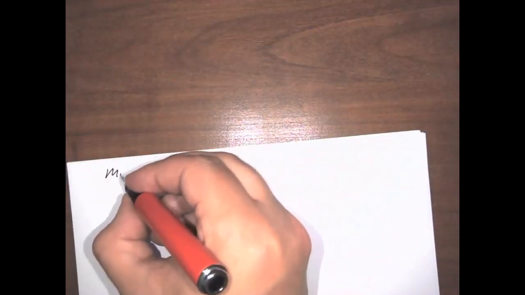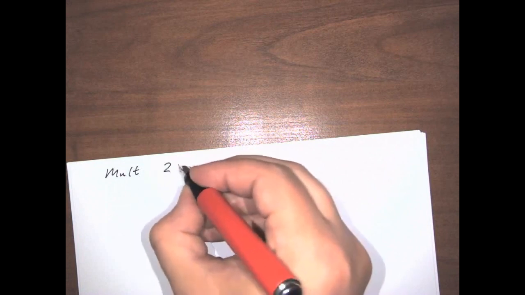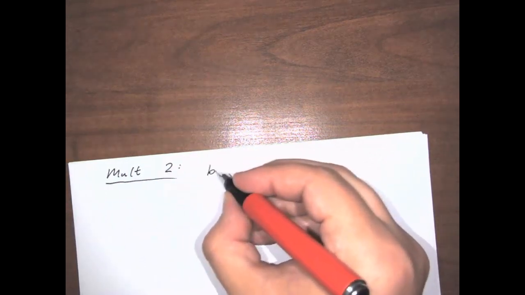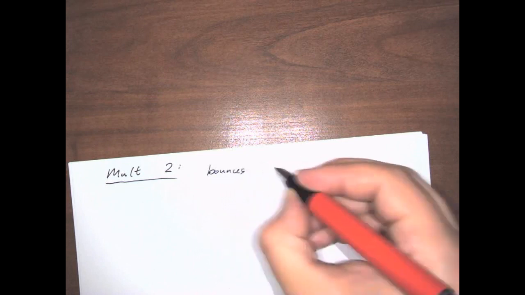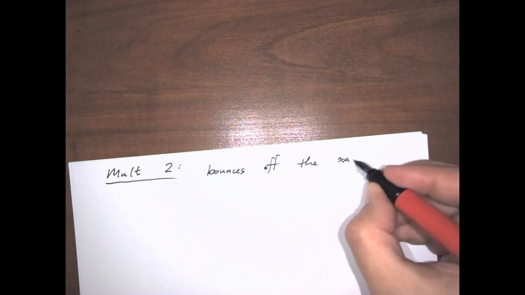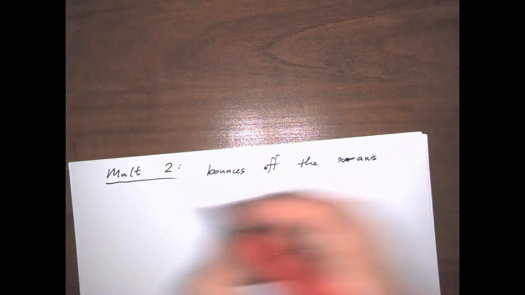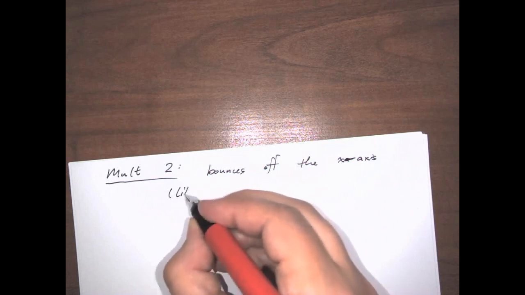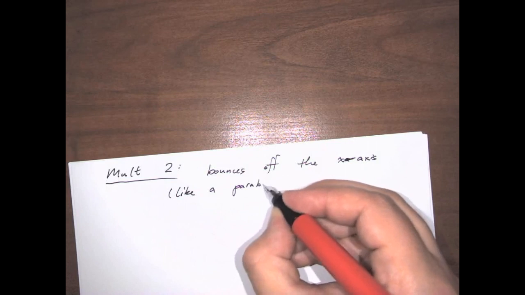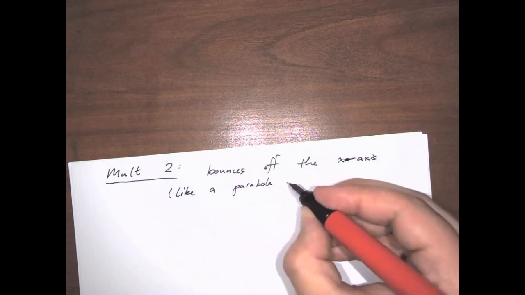Multiplicity 2, on the other hand, means it bounces off the x-axis like a parabola would.